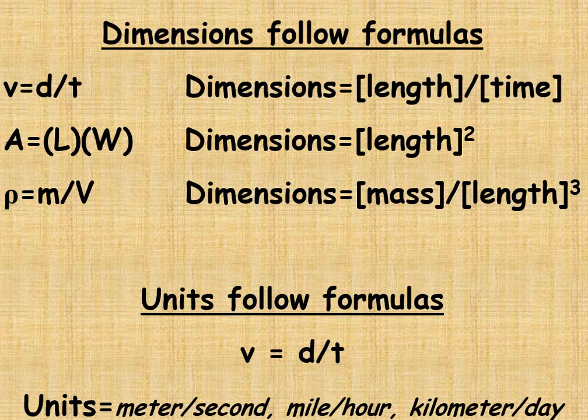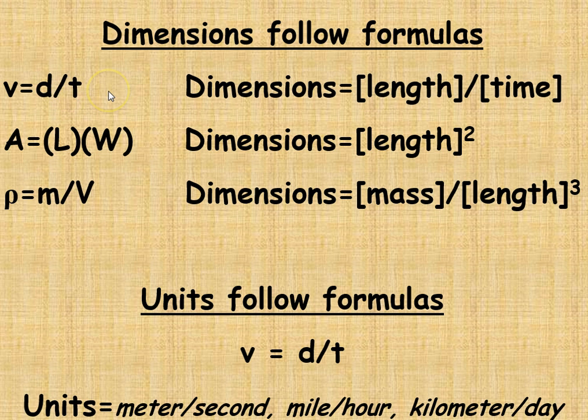Let's say a couple things about formulas and about what goes into a formula. One of the things to understand is that in a relationship, we're talking about quantities that have dimensions. So let's think about a couple things here. The statement is that dimensions follow formulas. So for example, we know this first equation stands for velocity equals displacement divided by time.